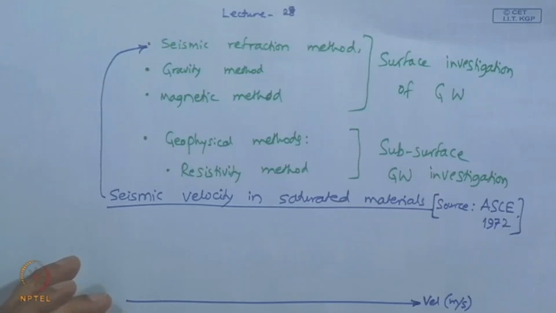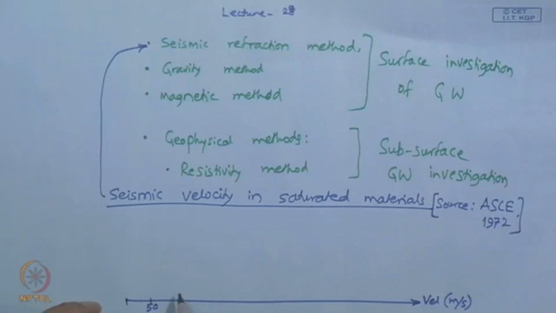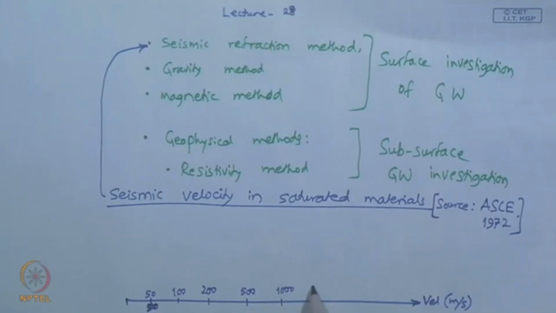I am sorry, it is on a logarithmic scale: 50, 100, 200, 500, followed by 1000, 2000, then 5000.